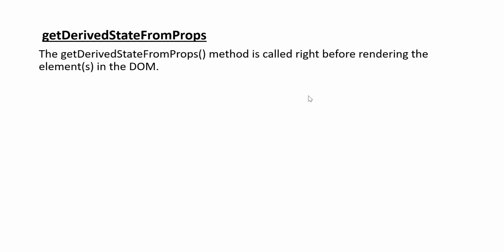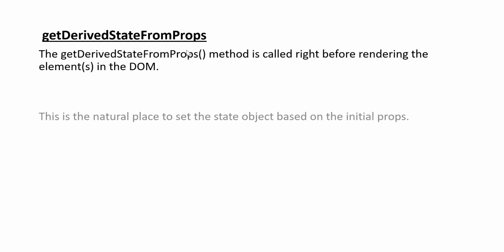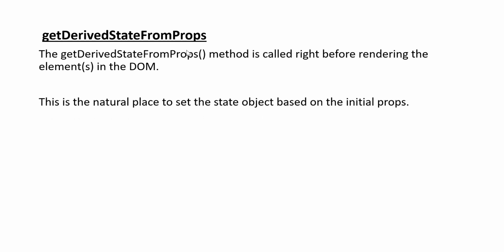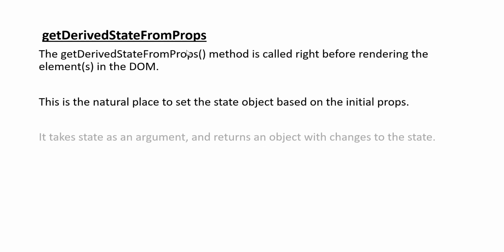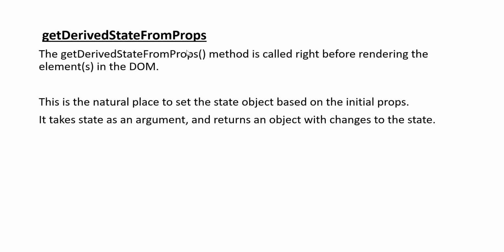Before the render method we call getDerivedStateFromProps. This is the natural place to set the state object based on the initial props. It takes state as an argument and returns an object with changes to the state.